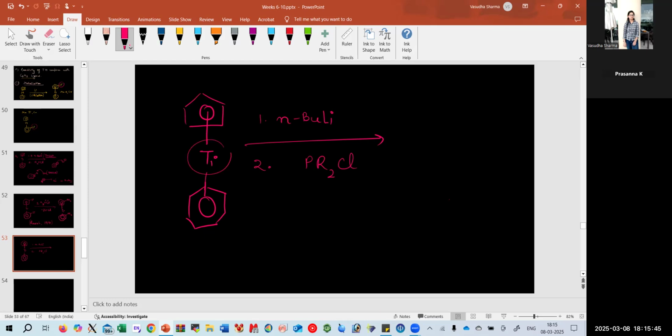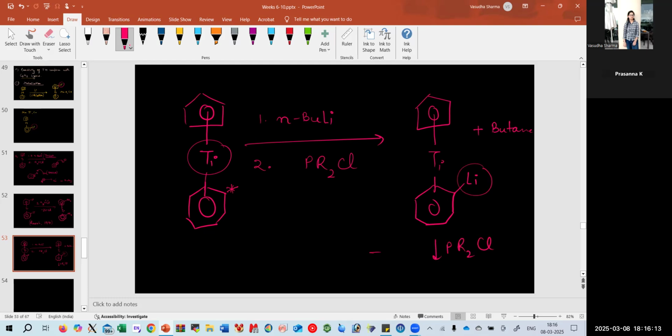We know that if there is no base, with titanium as the metal center, it would predominantly do the lithiation on the C7H7, meaning we will first get this product having a lithiation over here and releasing butane gas. And ultimately, when it is treated with PR2Cl, in place of the lithium, it would give you a product like this one.